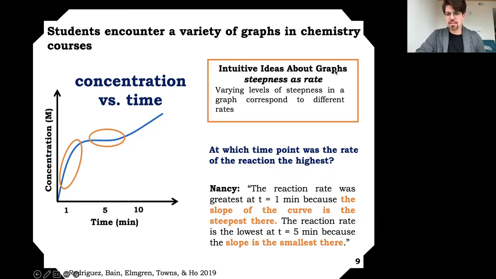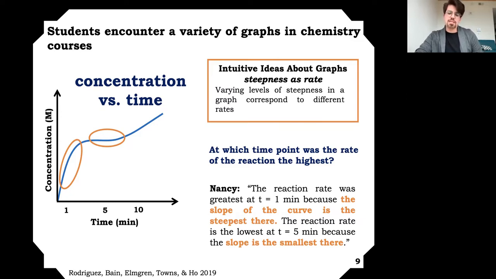I'm going to be talking about what I'm calling an intuitive idea about a graph, the idea that steepness provides information about rate. And this is a really productive idea. We see Nancy interpret the graph and draw the relevant conclusions that we wanted.